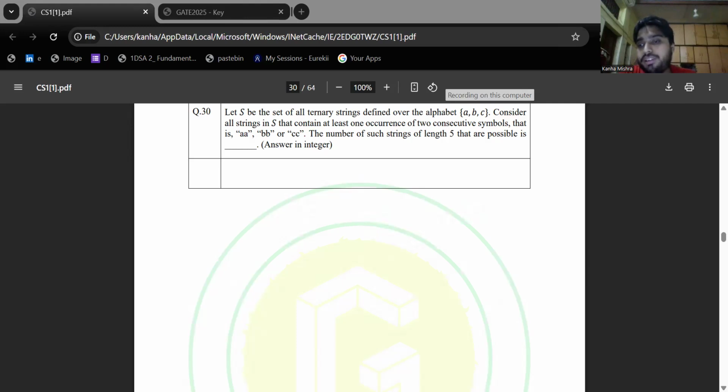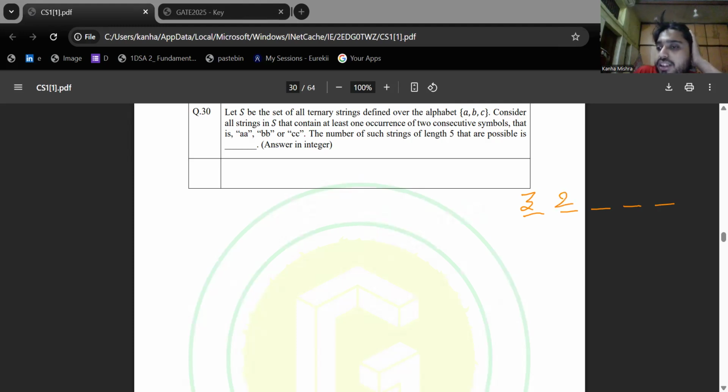Let's start with positions. Let's say there are five positions: position 1, position 2, position 3, position 4, position 5. First place can have anything, 3. Second place must be different from position 1, so two choices here.